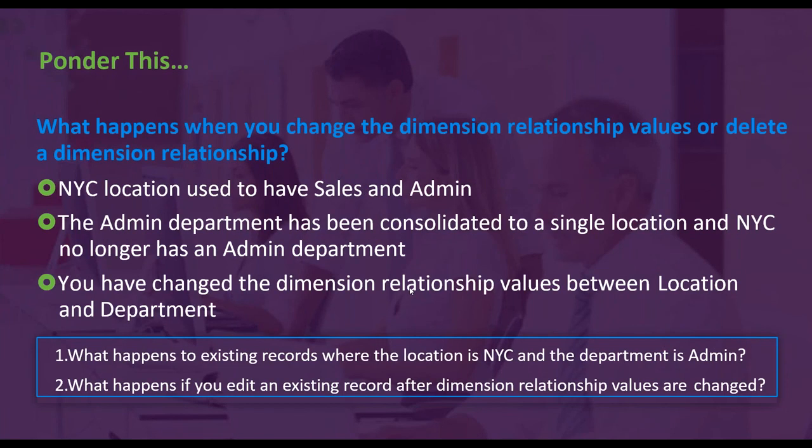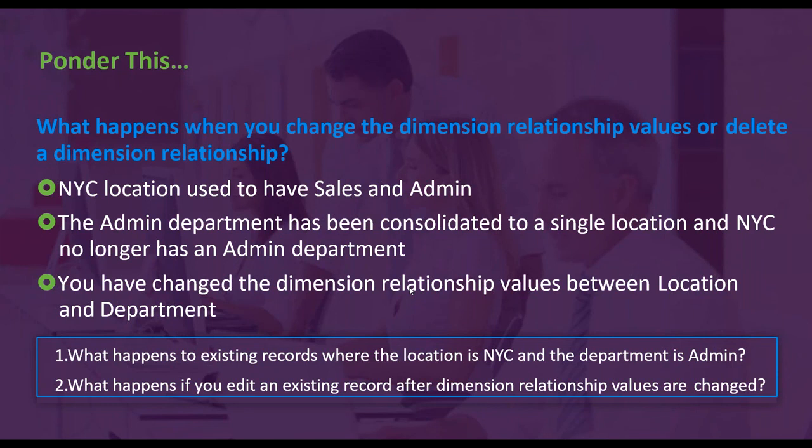All right, some further questions here to ponder: what happens if I have a location, in this case New York City, and I've assigned departments for sales and admin, and then I consolidate that into a single location? I no longer have an admin, or you've changed the dimension relationship between the location and the department. What's going to happen to the existing records where NYC and the department is admin?